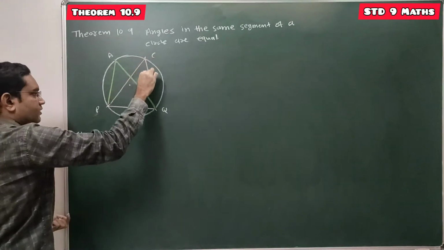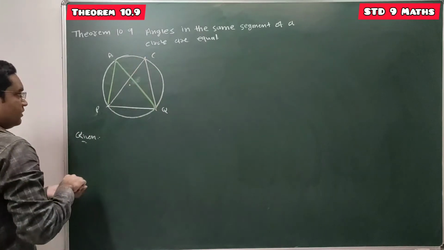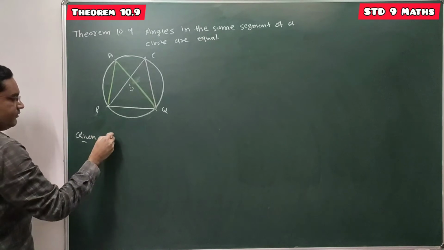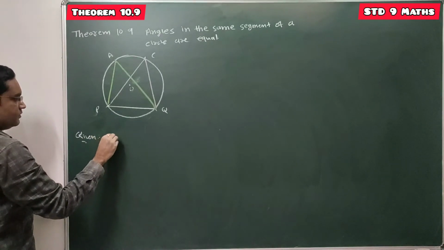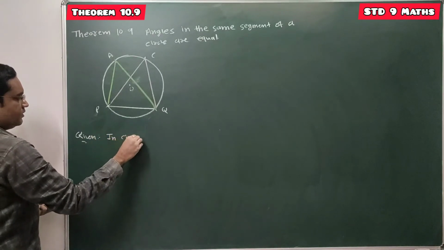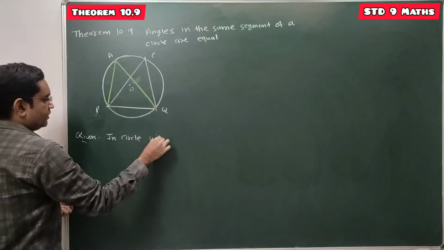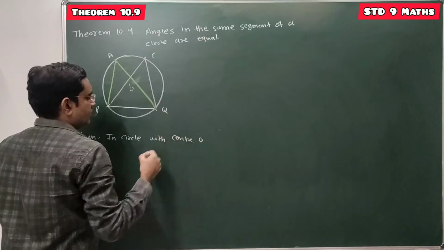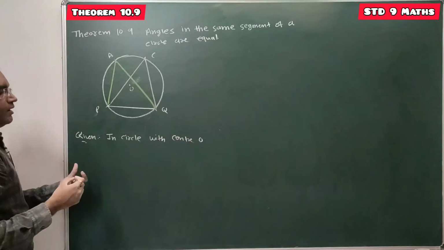So two angles in the same segment are given. The circle with center O is given. So here we are given that in the circle with center O, two angles are given.